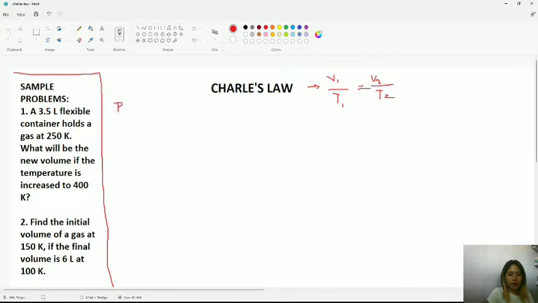Problem 1. Let's solve problem 1. So, this is the solution. These are the givens here.